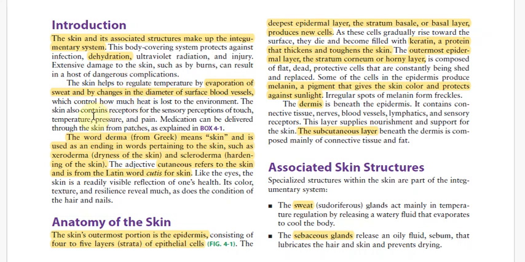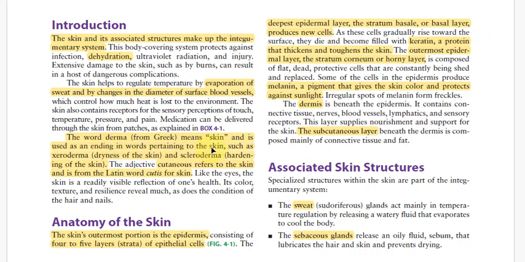Here is something which is actually worthy of discussion. Now, the word derma from Greek means skin and is used as an ending in words pertaining to the skin.